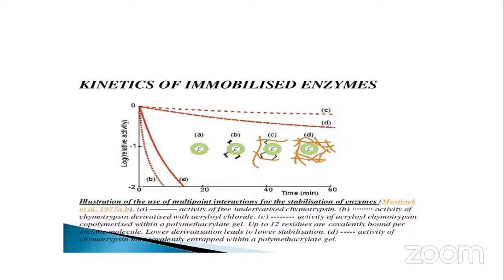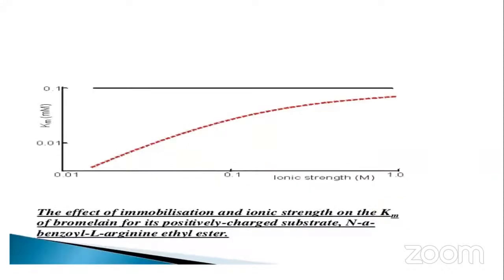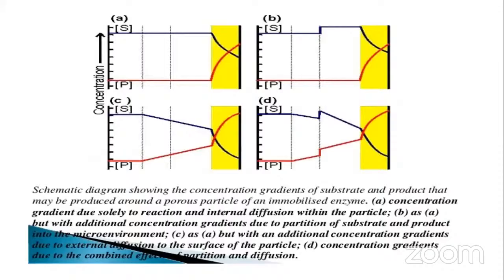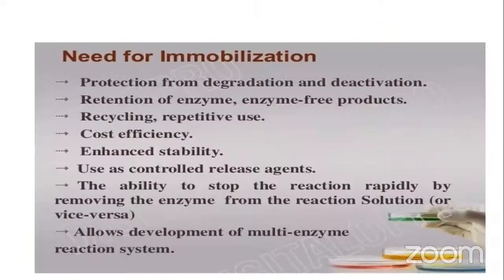Yes, it becomes more thermally stable, and the kinetic properties also change. This is one such example. The kinetic Km value can change based on ionic strength, but that doesn't affect the enzymatic activity. The greatest advantage, of course, is its stability. So these things you must investigate and then use.